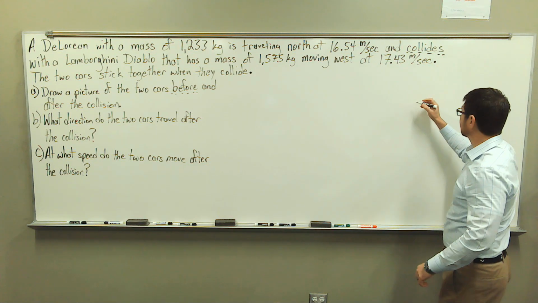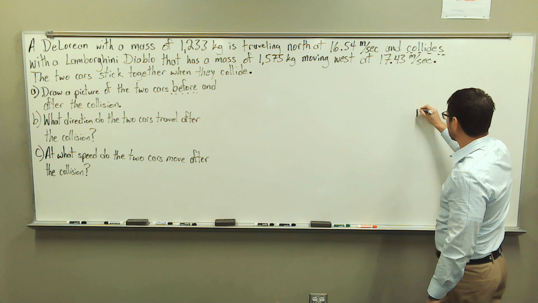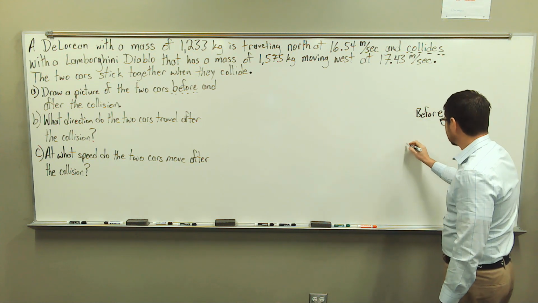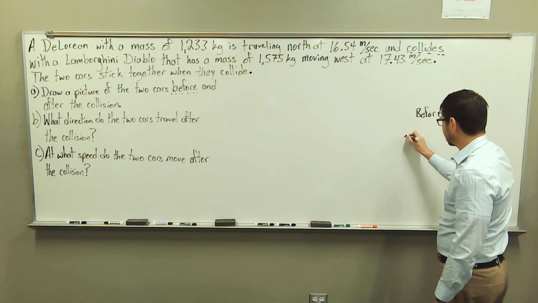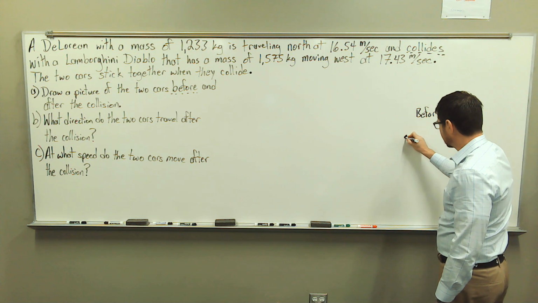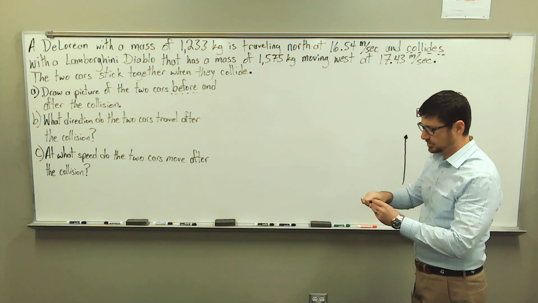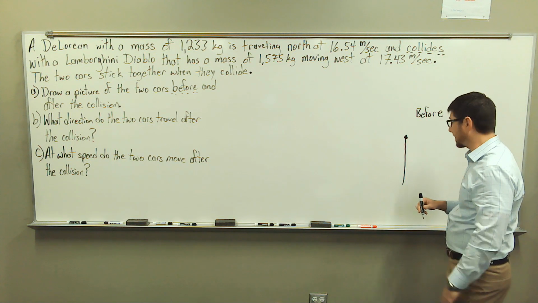Right over here, I'll draw a before scenario. We have the DeLorean that is traveling north. So let's draw a vector arrow. Remember, velocity is a vector, so it shows both magnitude and direction.